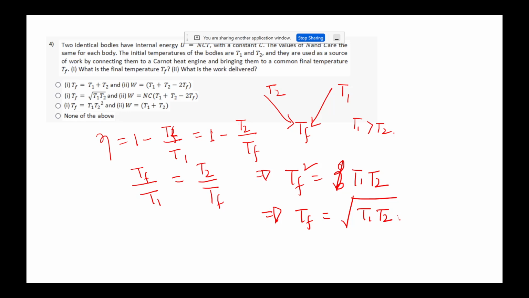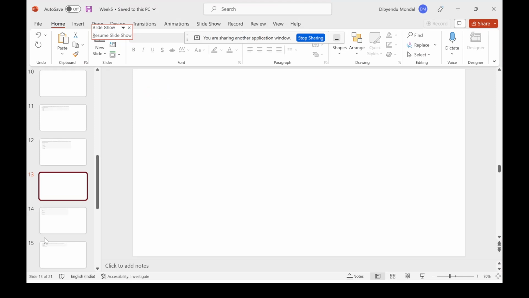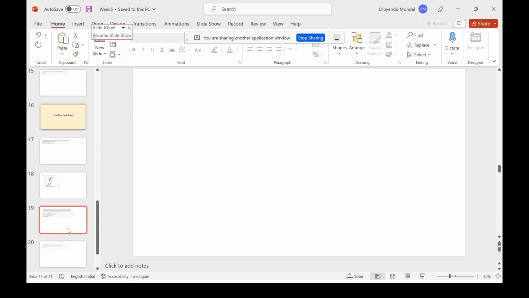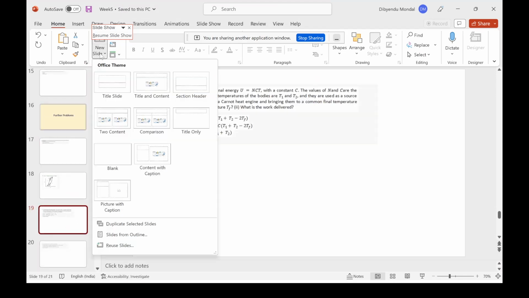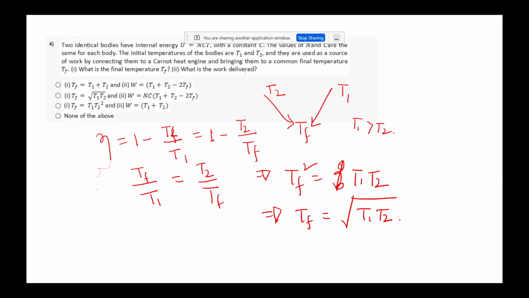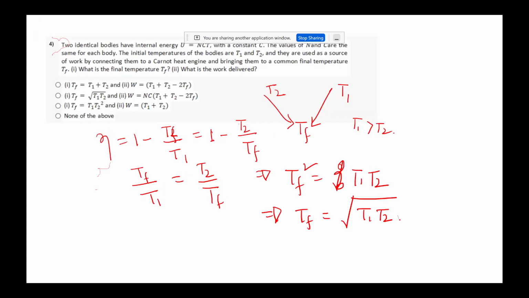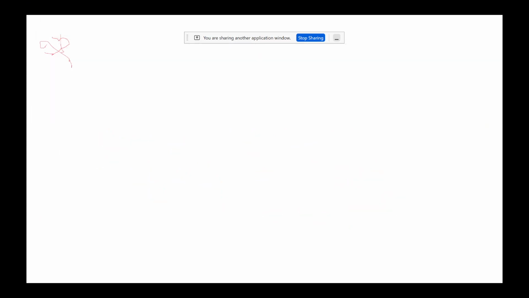Now work done, and we know how work done is calculated. Let me add one page. Work done W will be N C (T1 minus Tf).